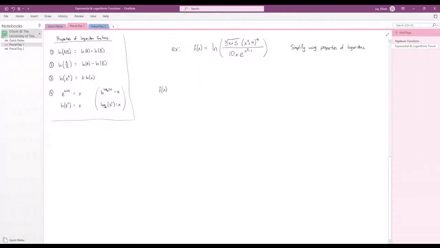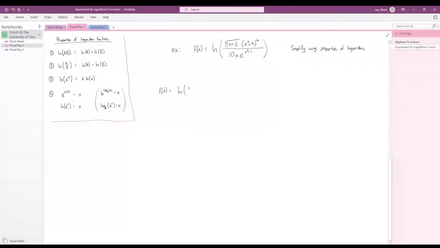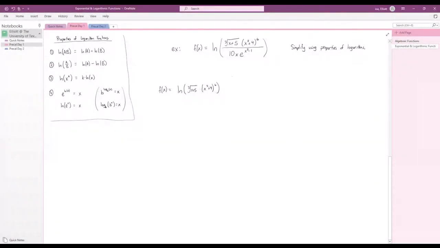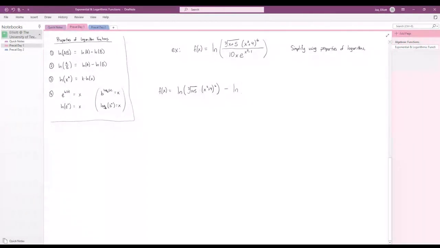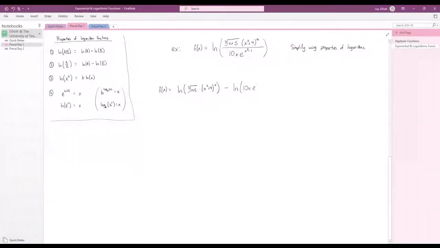So instead of natural log of a quotient, we can convert that into a difference: natural log of the numerator, and then minus natural log of the denominator. So that was using the second property over here. And then we want to continue simplifying some more. So what else do you guys see that I might be able to do?